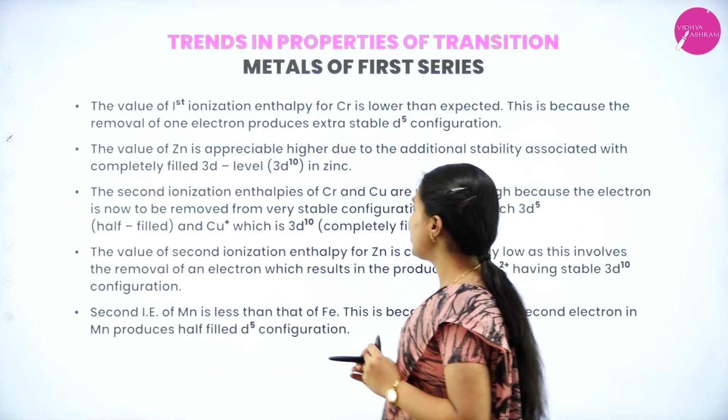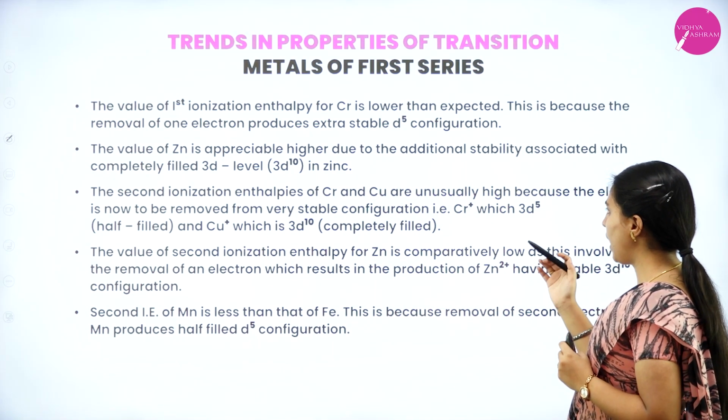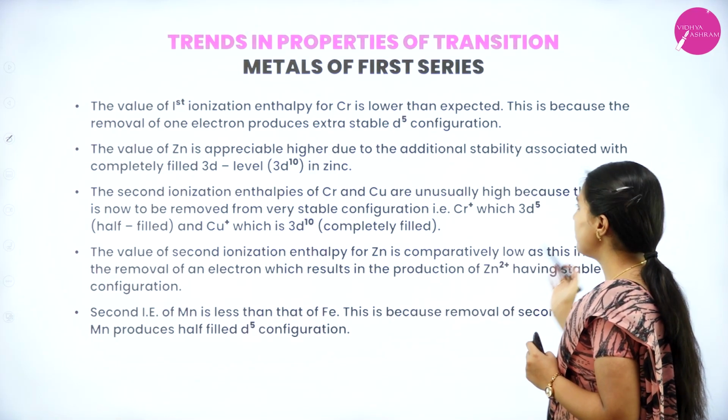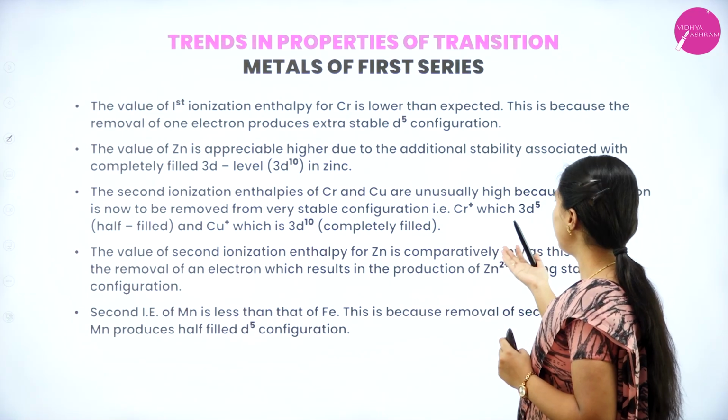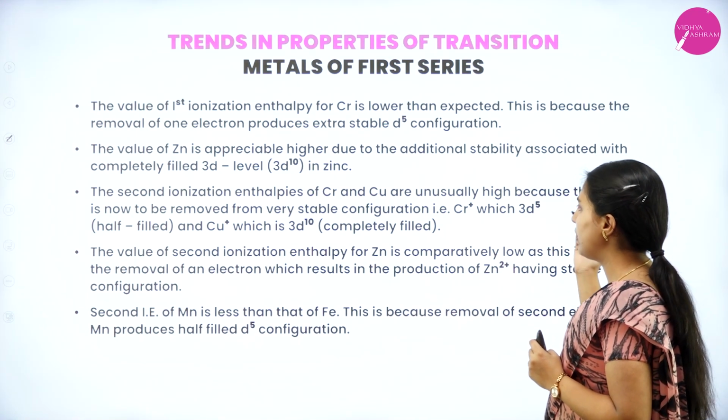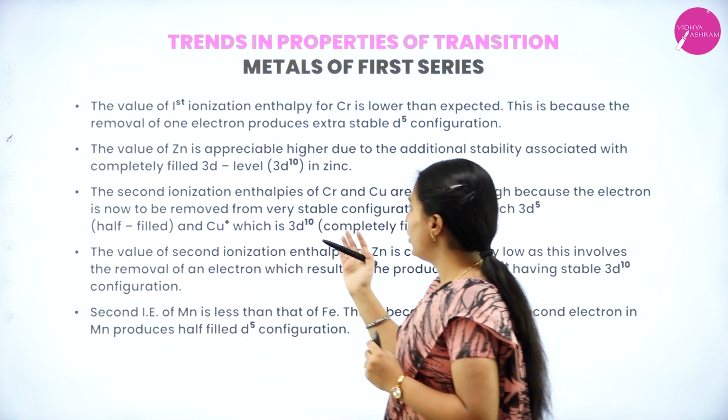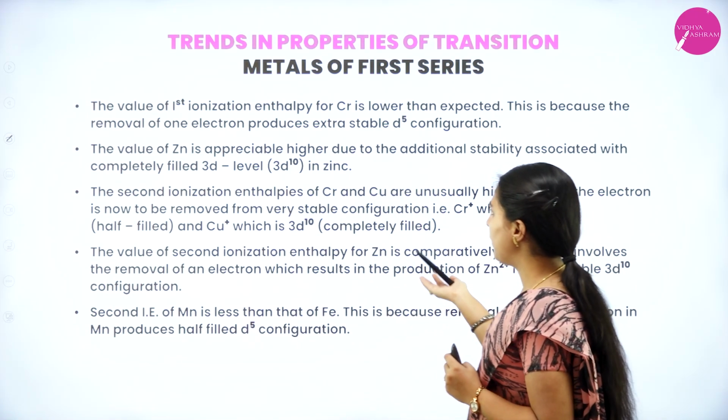The second ionization enthalpies of chromium and copper are unusually high because the electron is now to be removed from a very stable configuration: Cr+, which is 3d5 half filled, and Cu+, which is 3d10 completely filled.